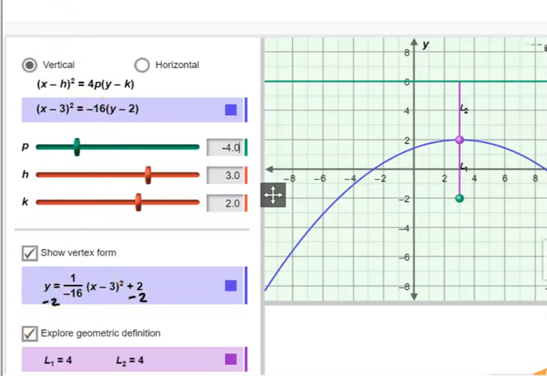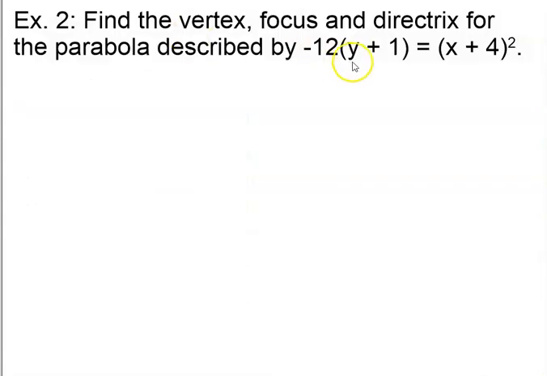So we're going to be given a format here that I'd like you to write down, and then I'd like you to find the vertex, focus, and directrix for the parabola described as such. Go ahead and write it down, then we'll work on it. Okay, so hopefully you had a chance to jot down this question. First off, we have to get it in a form where we can start recognizing things.